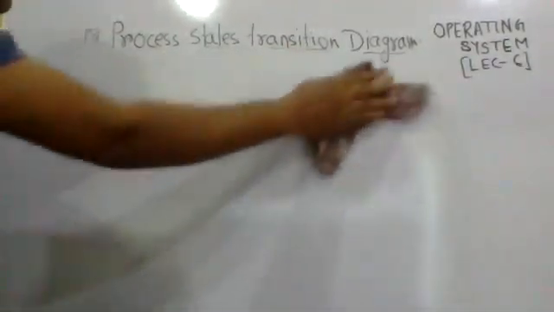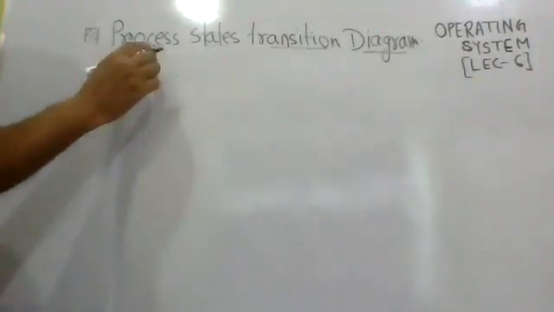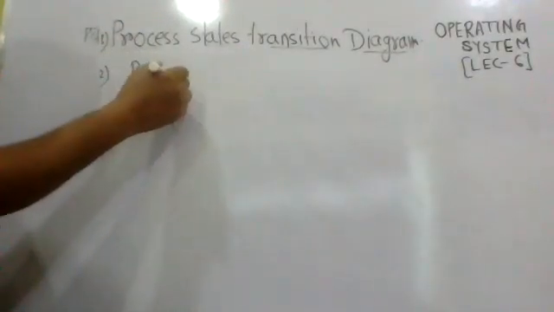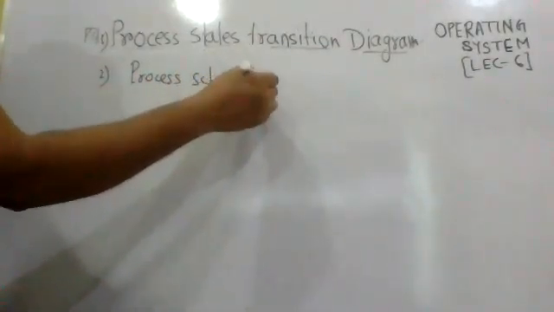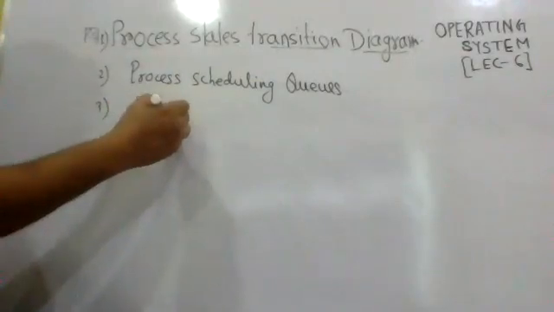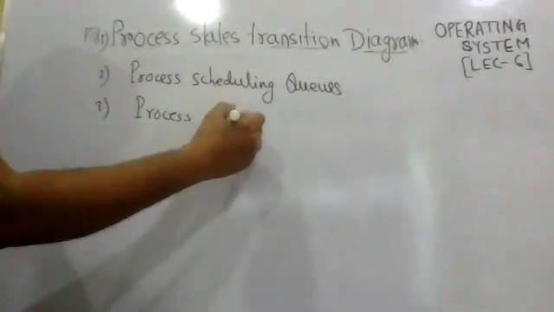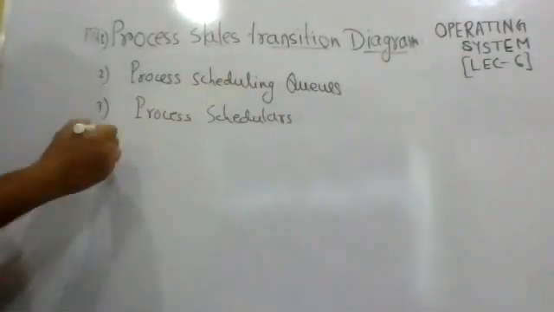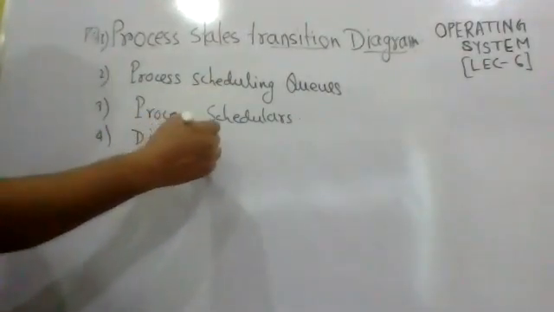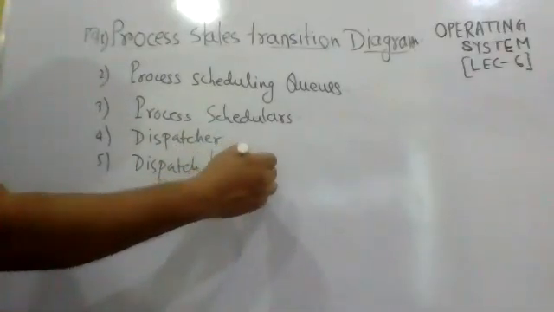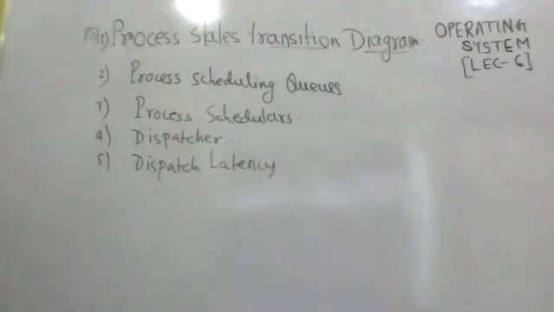Here we discussed, first, the process state transition diagram; second, process scheduling queues; number 3, process schedulers; number 4, the dispatcher; and number 5, dispatch latency. This is a very important topic.